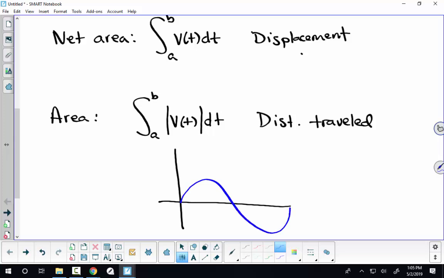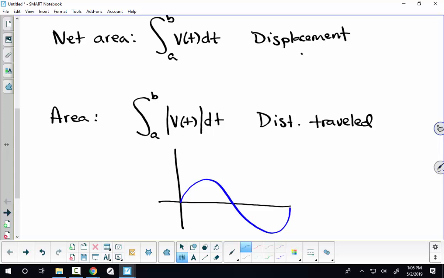If we have something like that, the displacement, I view that as me walking back to this wall and back to where I started. The change in position is 0 because the net area is 0, but the distance traveled is actually twice what I walked, right? So that's 2 times this right here.